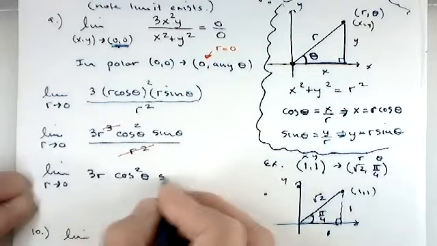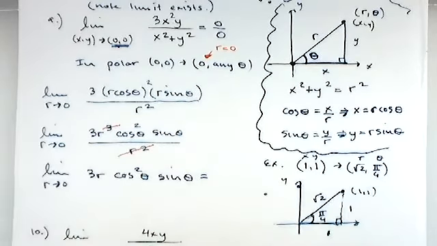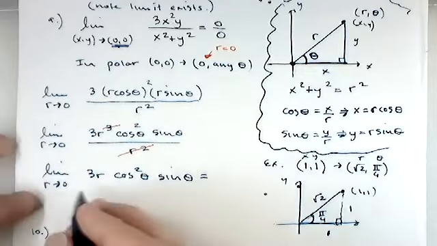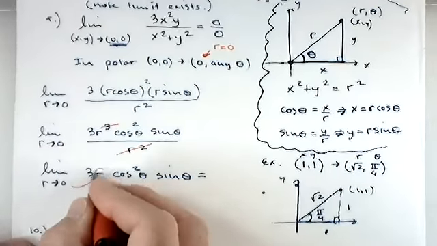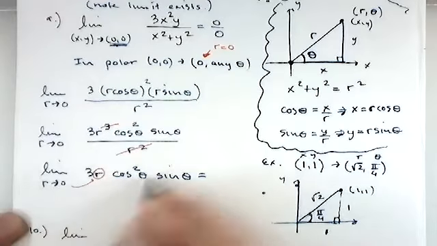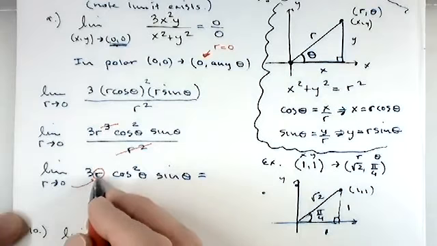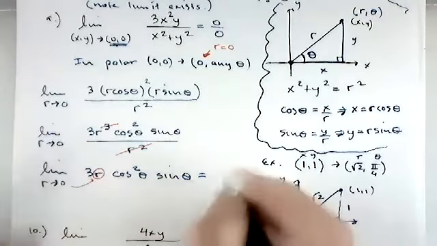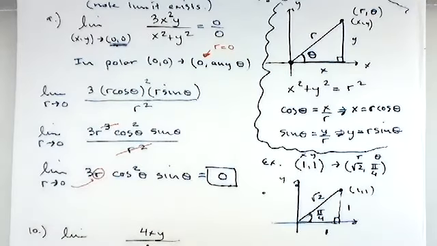And then here's the idea. If you plug in 0 for this r, we don't know what theta is, it can be anything, but does it matter? If this thing goes to 0, 0 times the rest of this junk is going to be 0. My limit is 0.